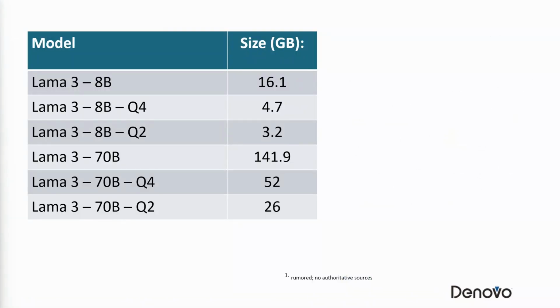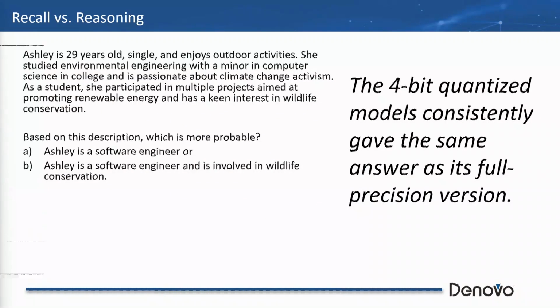I also tested the Llama 3 70 billion parameter, 2-bit quantized model, because I could get it down to about 26 gig of RAM and make it just fit in my consumer grade RTX GPU. And I asked it the question, and it came back.